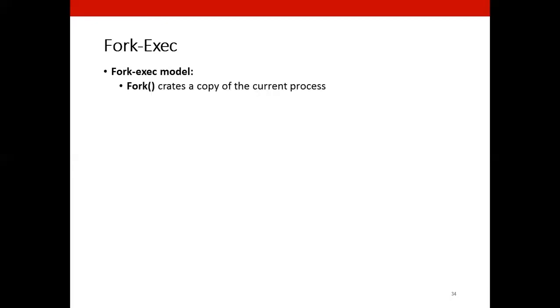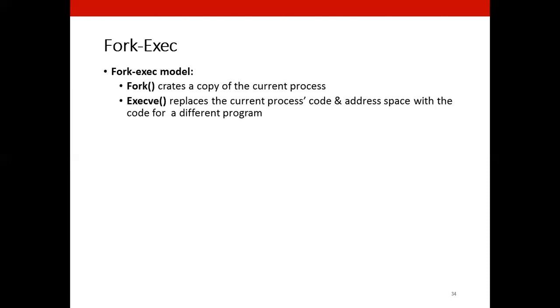Now that we know what processes are and how they are created, let us see how we can use the Fork-Exec model to do some interesting things. As we know, the fork method creates an identical copy of the calling process with the same code and address space. The execv system call replaces the current code and address space with the code for a different program.